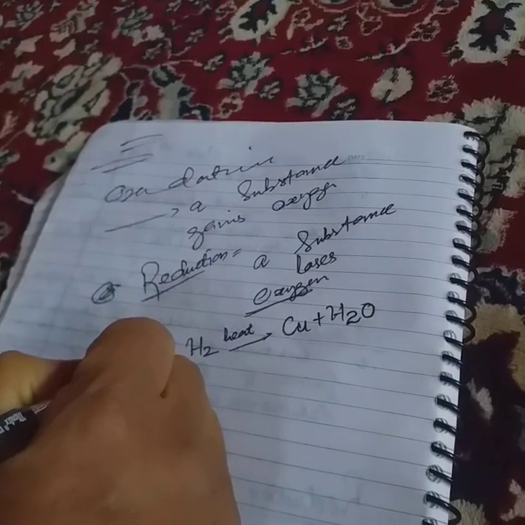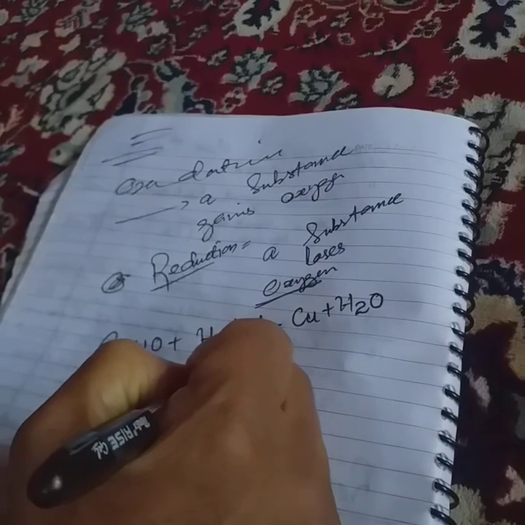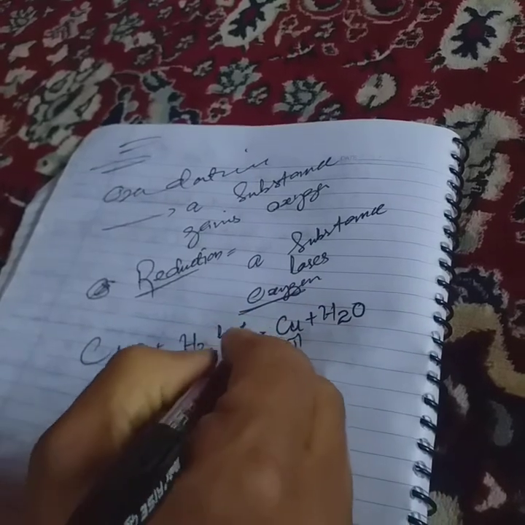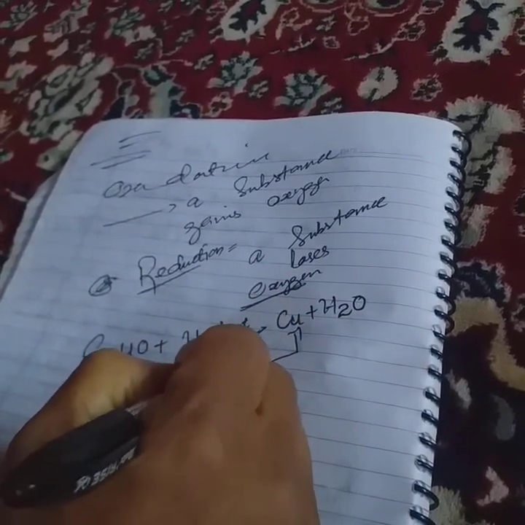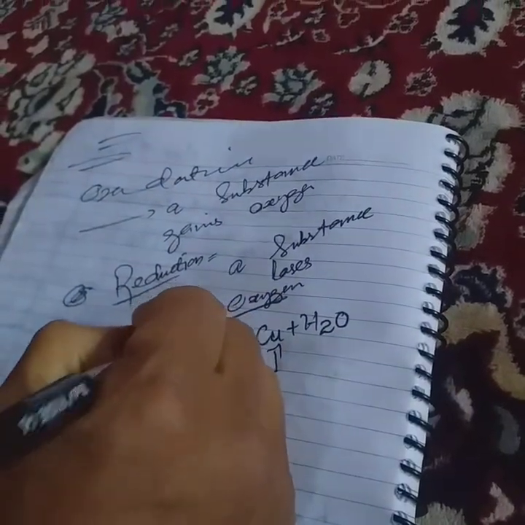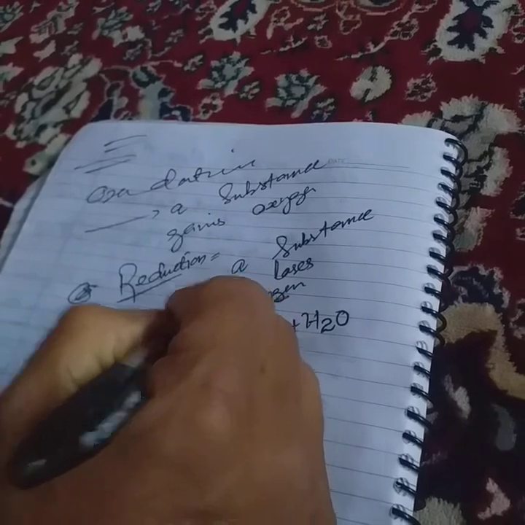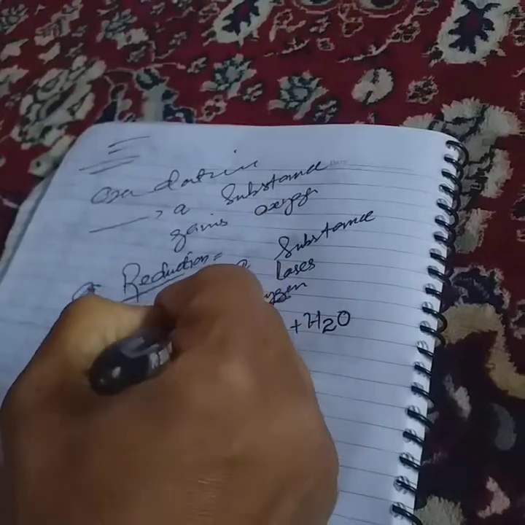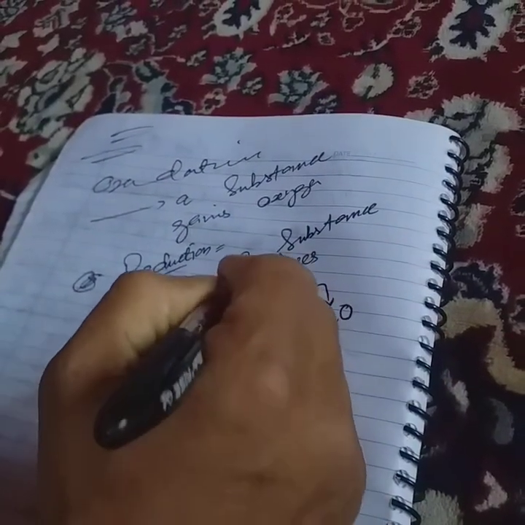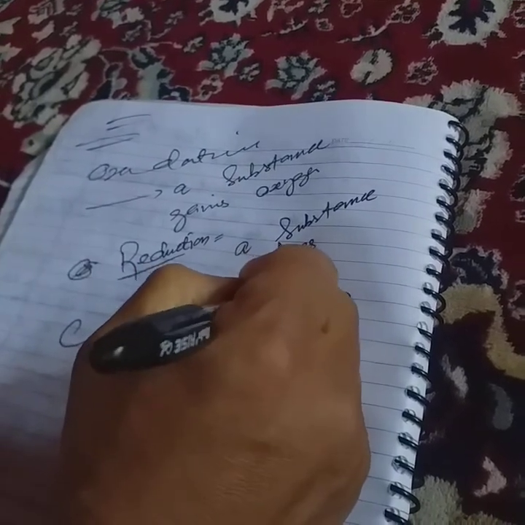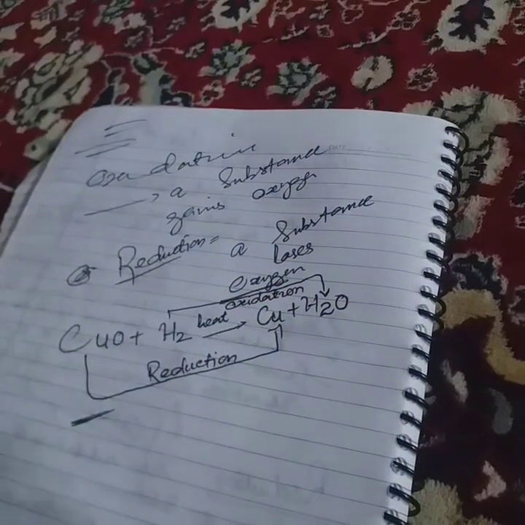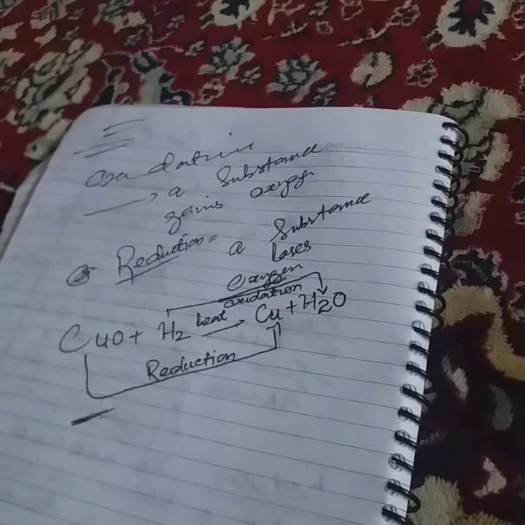Copper oxide has been reduced to copper, while hydrogen has been oxidized to water. This is all about oxidation and reduction reactions.